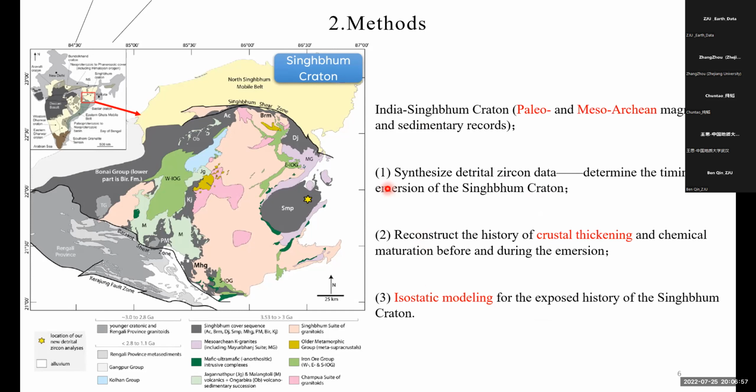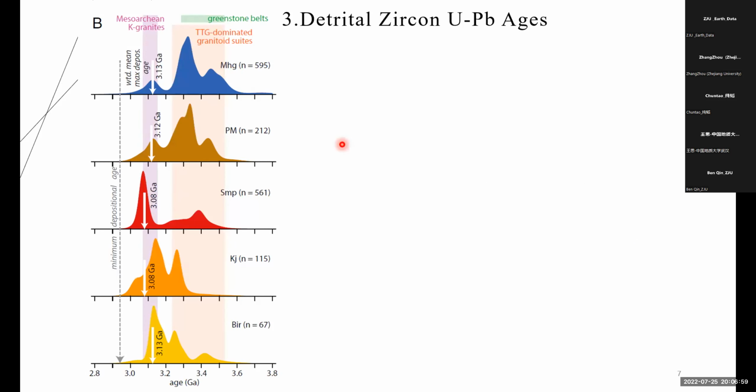So firstly, let's see the detrital zircon age distribution. They compiled the age distribution of different parts of the craton, and we found similar patterns of this age distribution.